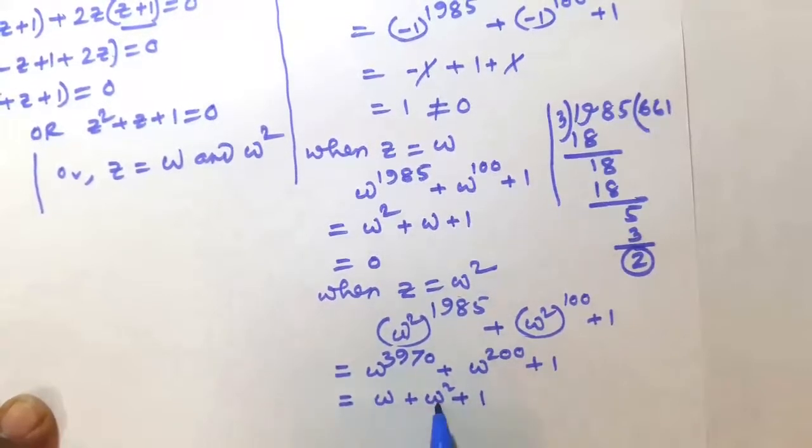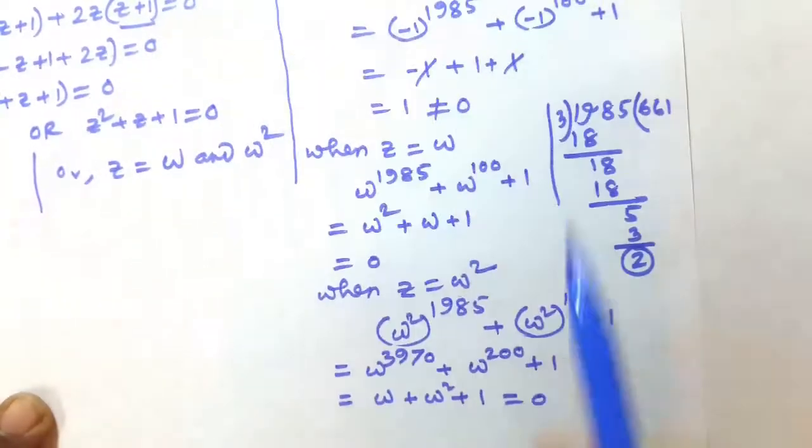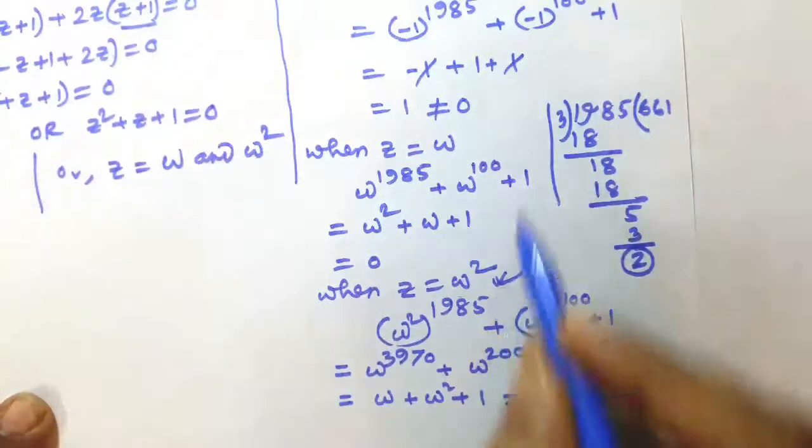So 1 plus omega plus omega square is equal to 0, which is the RHS of the second equation. So omega square is a root of the second equation.